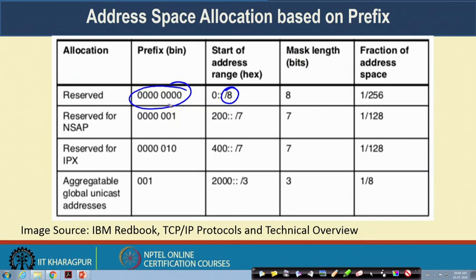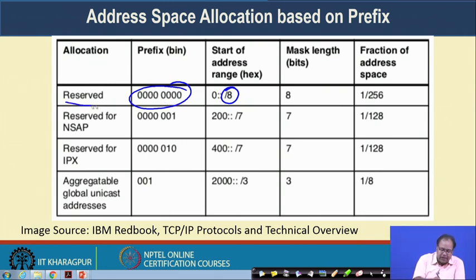So, if these first 8 bits are zeros, that is a reserved class of address. Then if the first 8 bits are 0000 0010, that is 200, so here your prefix is 7 bits, the first 7 bits. If the last bit is 1, it is reserved for NSAP.